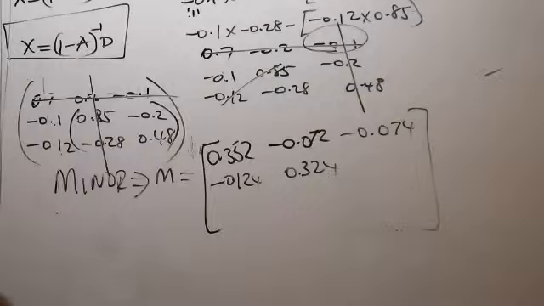So the minor for member number 8, or minor 8, is 0.15.